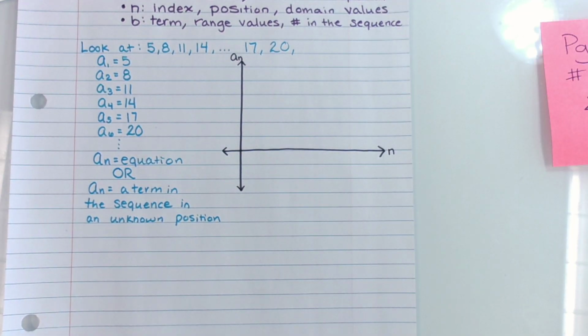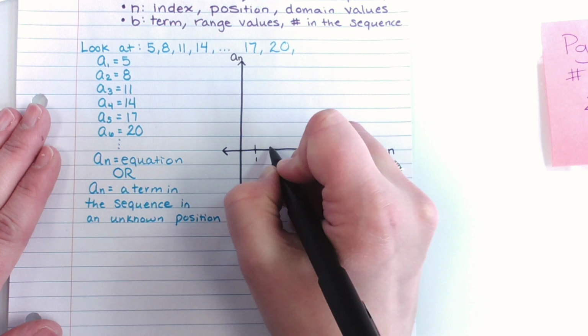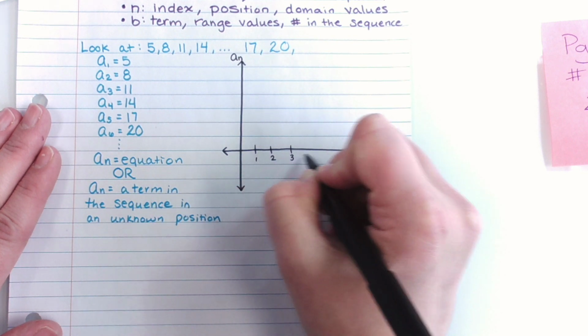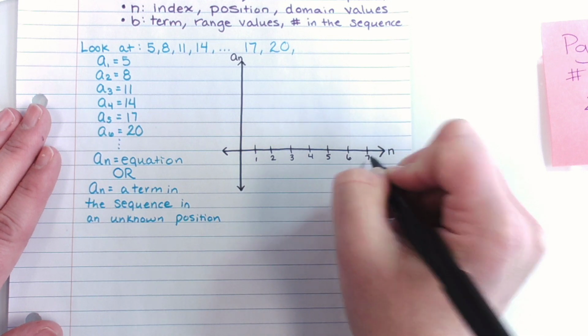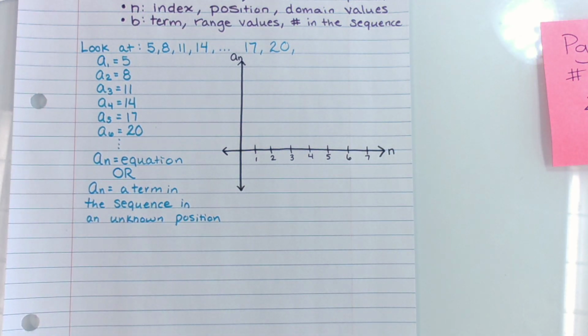Now, since n is of the natural numbers, you're never going to need the negative side of this axis. There is not a number in the negative 20th spot in a pattern. That doesn't make sense. So my n axis is always just going to be the counting numbers: 1, 2, 3, 4, 5, 6, 7, and that's as far as I can go for how I drew it.